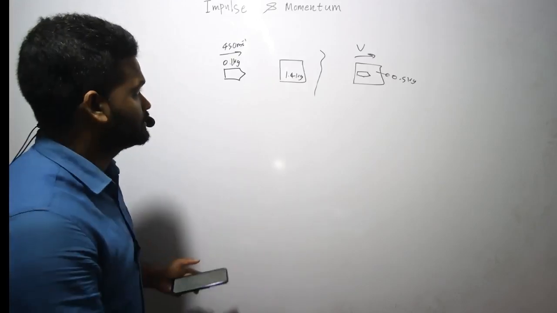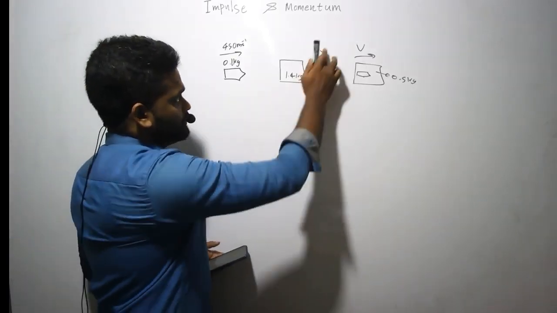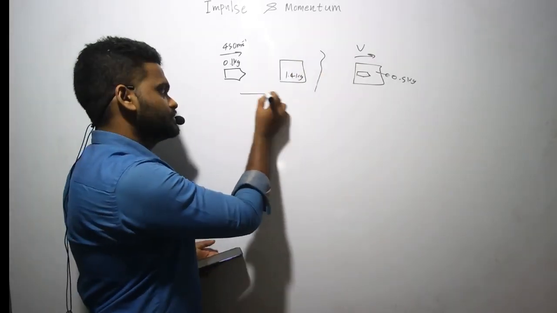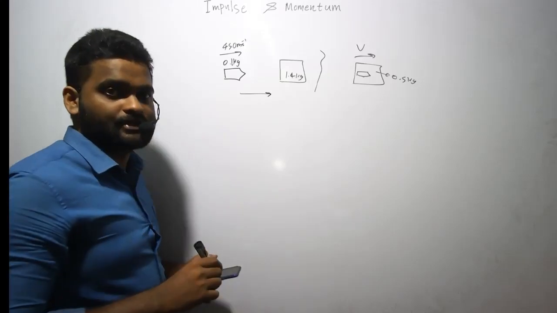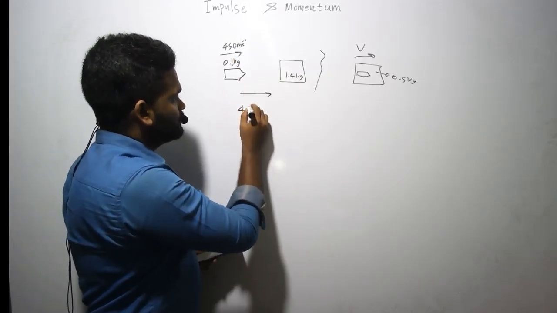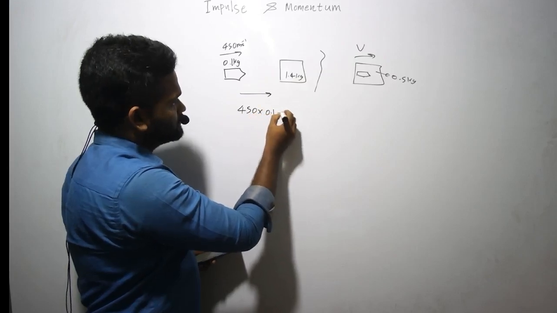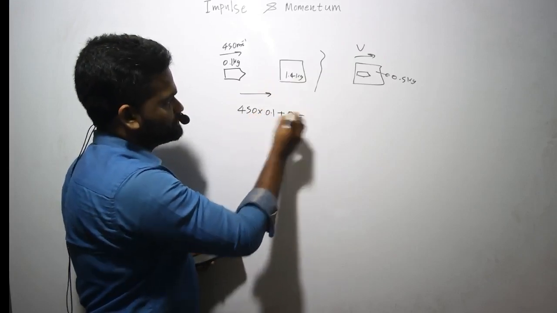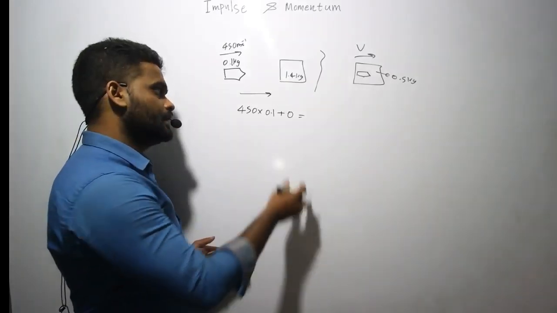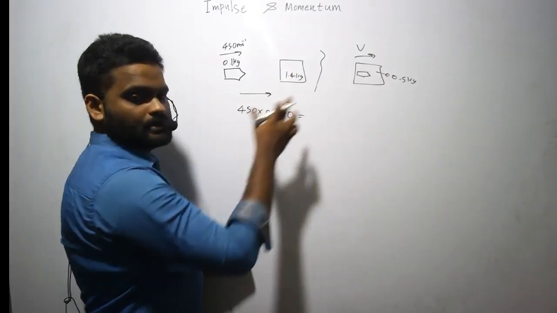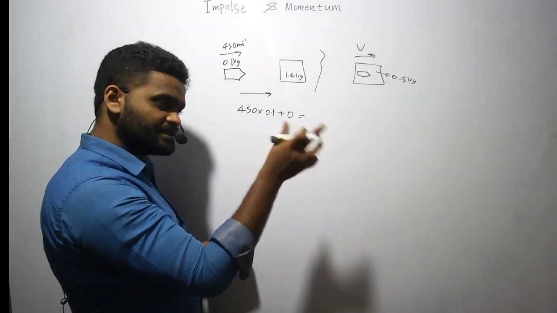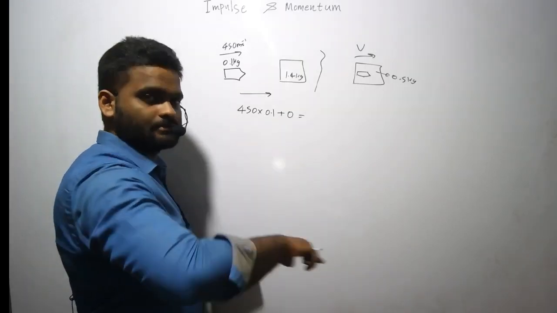Okay, here you don't have to worry about kinetic energies. You just have to apply linear momentum conservation. Right here, speed 450 times mass. This is not moving, so momentum 0. This is the momentum before collision. Then that is equal to the momentum after collision, right? So the collision does not cause a change of momentum in the system.